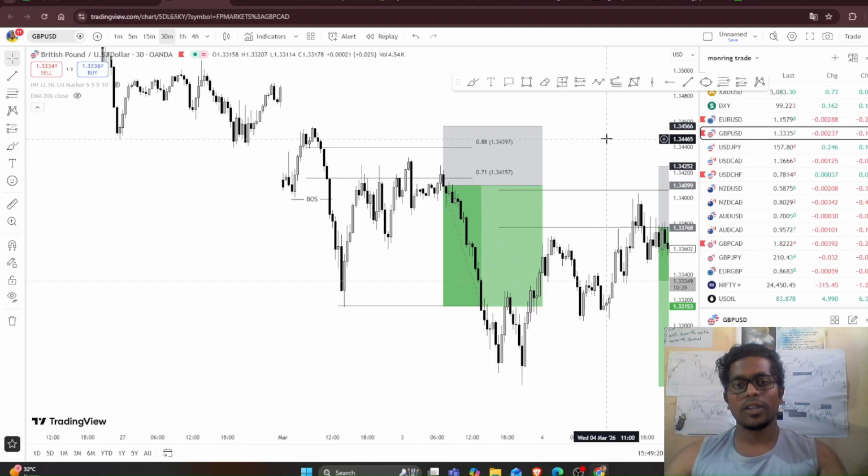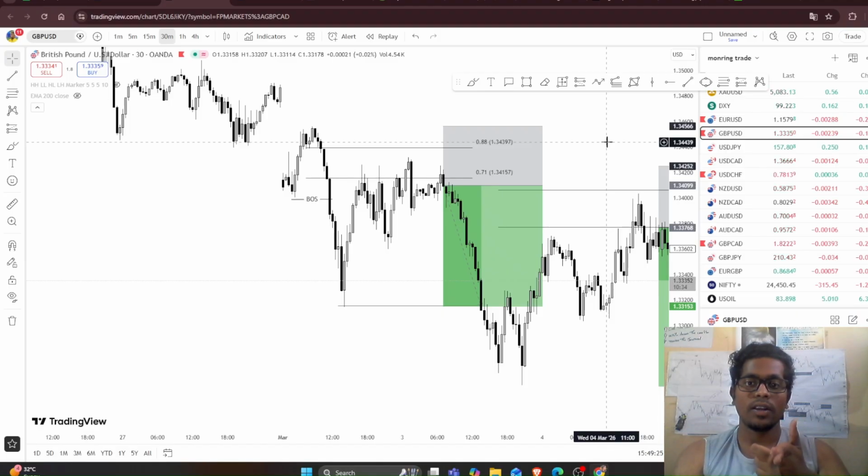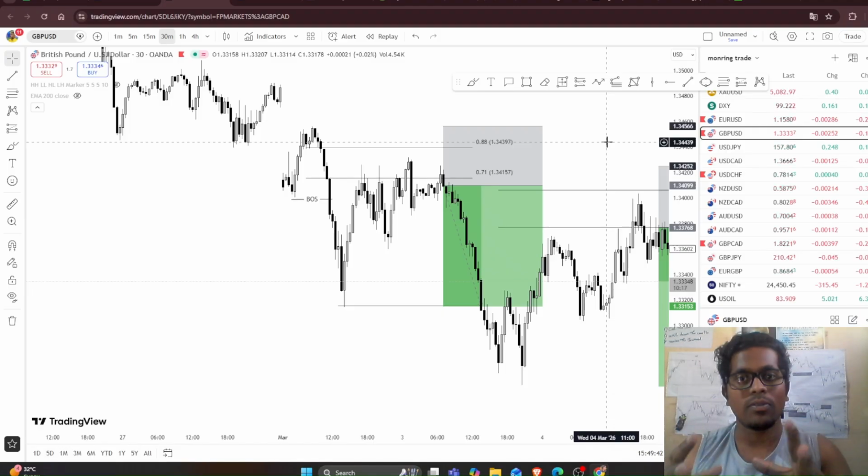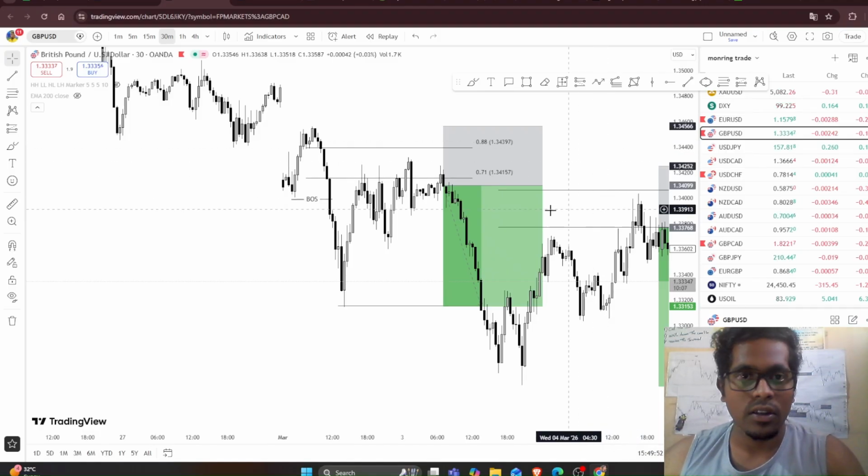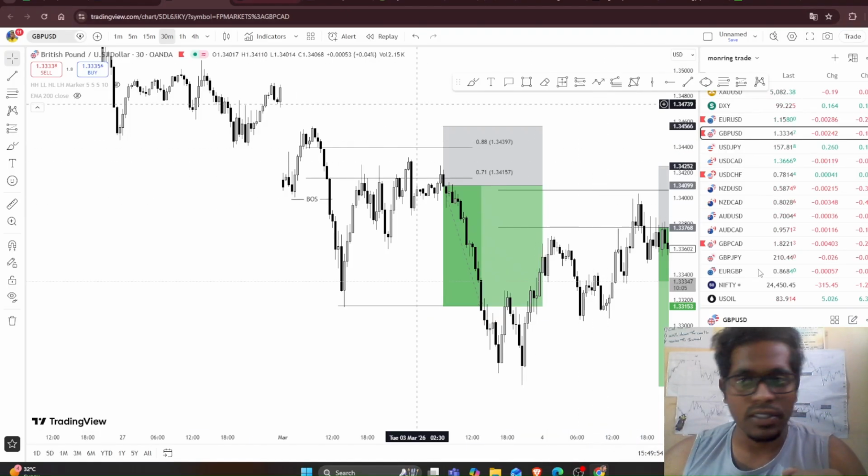I was over complicating things because GBP CAD hit our SL and then hit our TP as well. Our plan and our bias were correct, but still we lost our trade. No worries. But on this setup I was not able to trade. I had self doubt and was lacking confidence on this particular setup. But this trade hit the TP, and I did not take the trade. Now we'll move to GBP JPY.